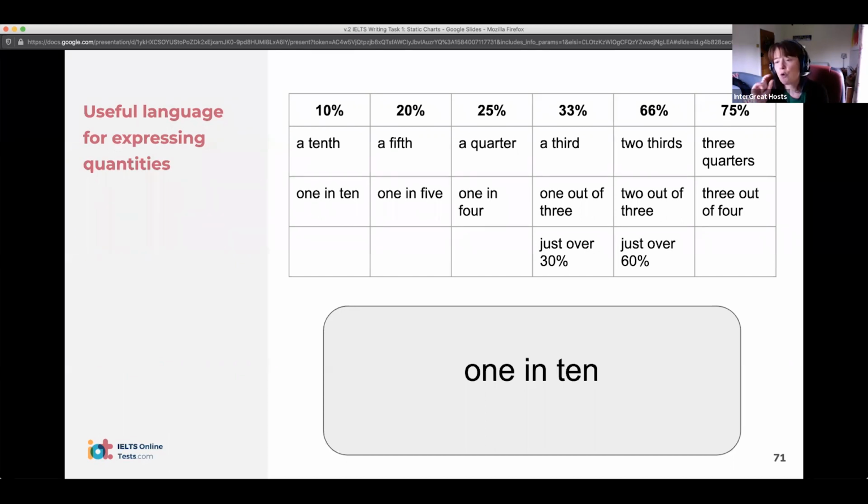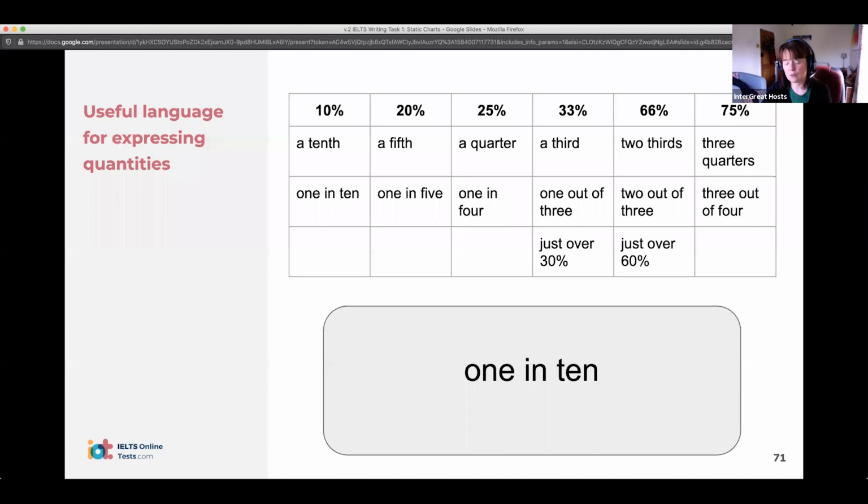You can use a quarter with anything, any subject matter. You can use a quarter. The ratios, like 1 in 10, are a little bit more tricky, because 1 in 10 you can only use with countable nouns. You could use it with people, you could use it with countries, that would be fine, but you've just got to be a little bit more careful with the ratios.